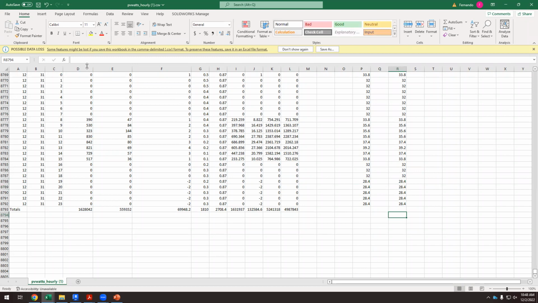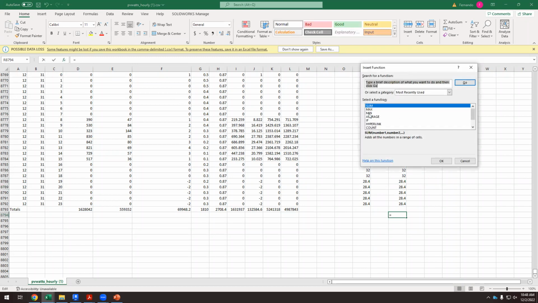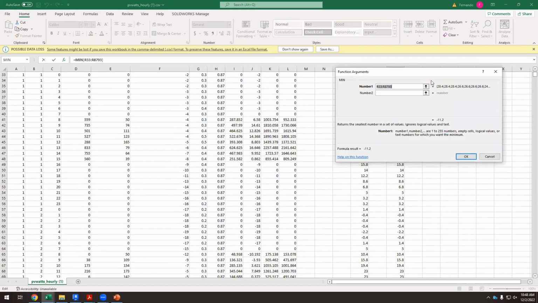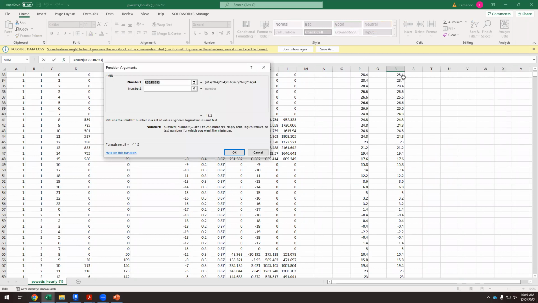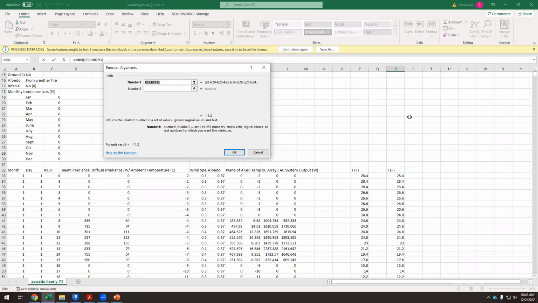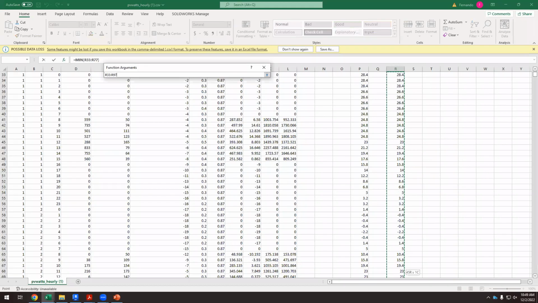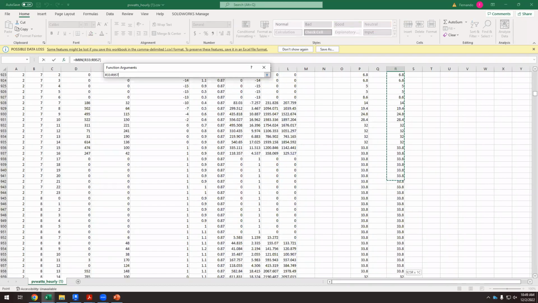So I want to find here the minimum. So I'm going to type minimum, and it has to be the minimum of all these here.